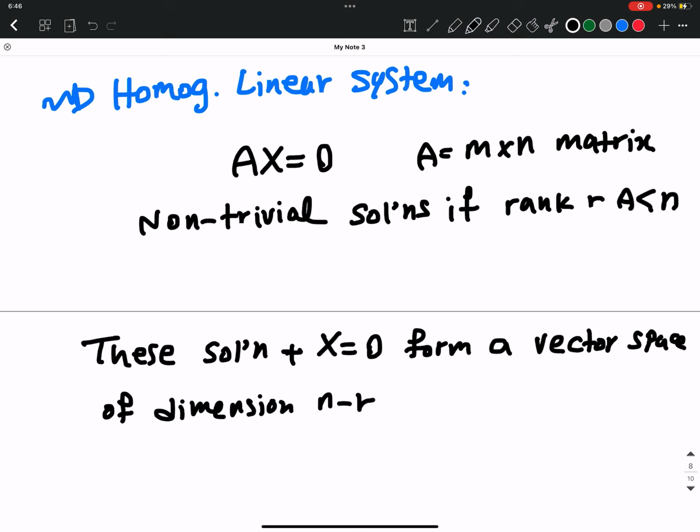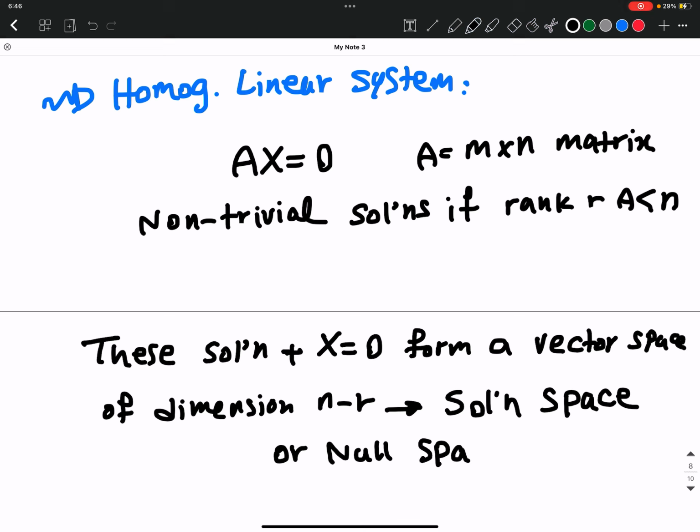And we typically call this vector space the solution space, or, this is very common, the null space of A.